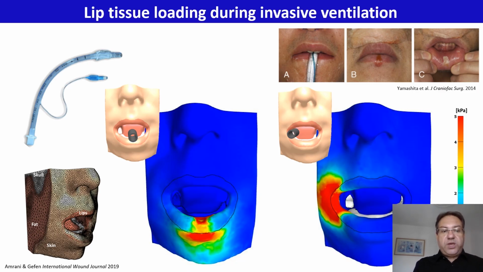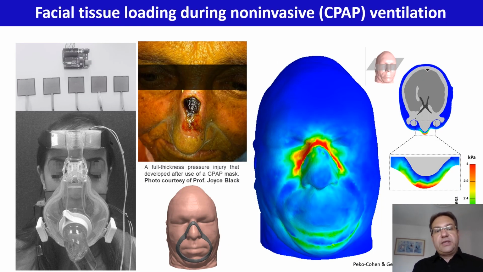And we have studied the function of these devices in terms of the tissue loads that they induce, again, coming with some practical solutions with regards to the repositioning of the device or potential other means to alleviate the loads.